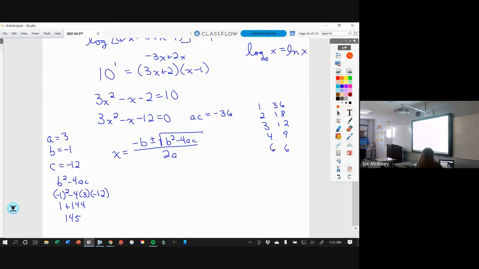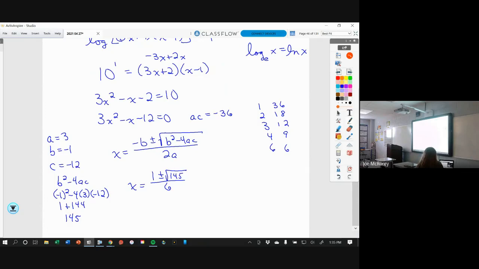No, there's not. So, x is equal to negative b. Well, b is negative 1, so negative b would be 1, plus or minus the square root of 145, all over 6. Okay? Two possible answers.